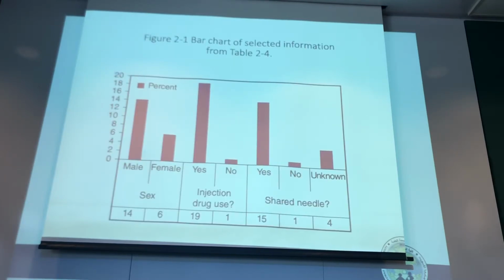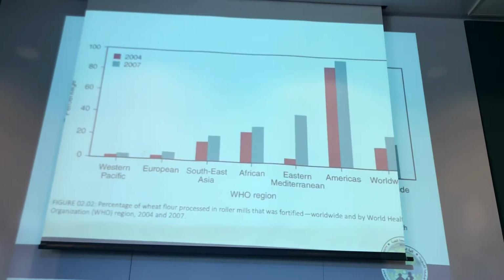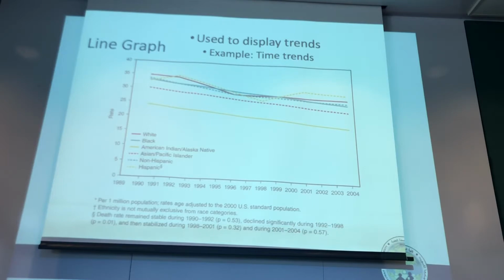What is this bar chart? Yeah, it shows you the classification of gender, yes, no, okay, shared needle, all of these things. And these are of course represented by bars. We also did this before, stratification of bar charts, between 2 years or between 2 genders. And the lines are important to see a kind of trend or pattern, okay.